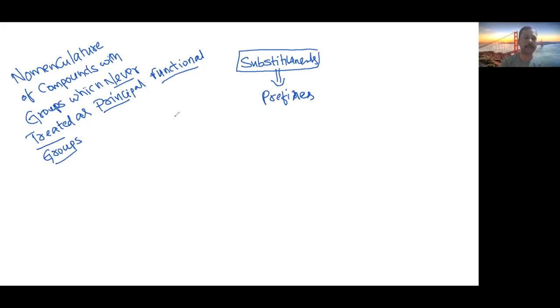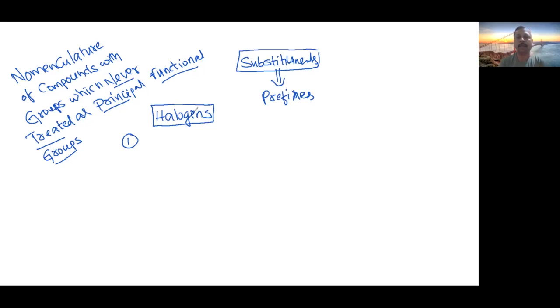Now, the first question is especially about halogens. Halogens are functional groups. Why? According to the definition of a functional group, anything which changes chemical properties when attached to a hydrocarbon.